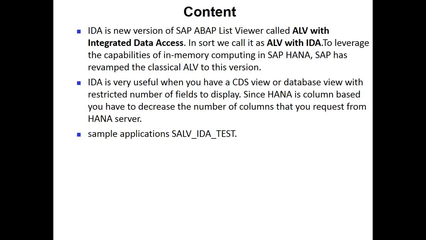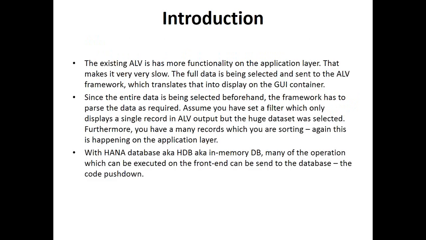You can understand; the next slides will give you more idea about that. And here, ALV IDA is recommended only on HANA DB. Normally after EHP 7, ALV IDA is available on any DB also.